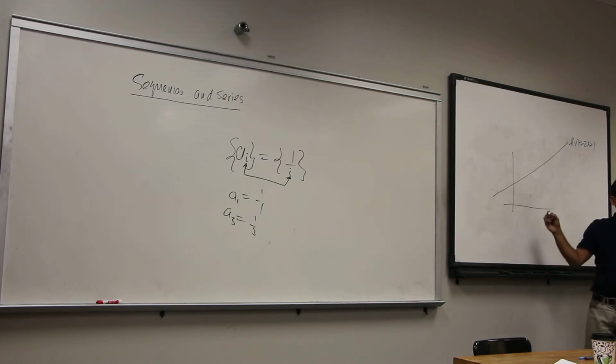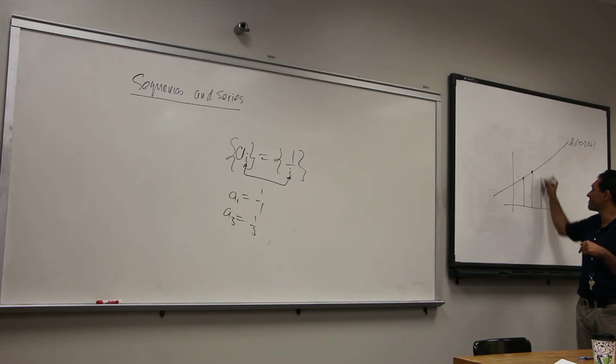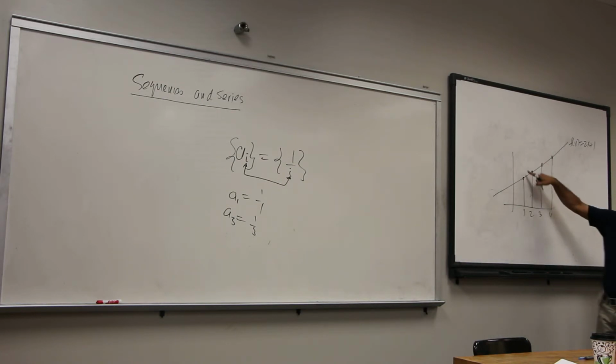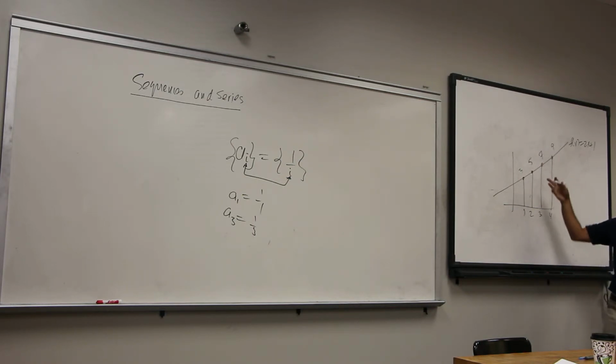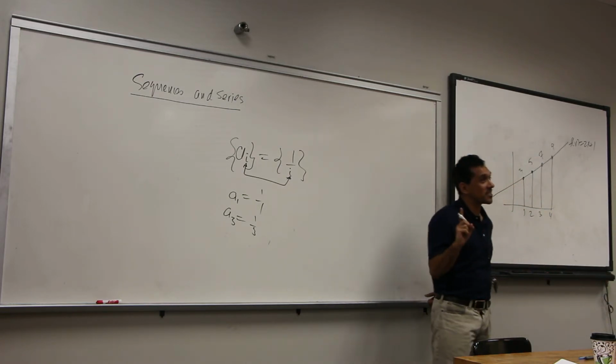And we will evaluate this at the integers. What's this? It's 3, 5, 7, 9. What sequence is that? Arithmetic sequence, the first term is 3 and the common difference is 2.